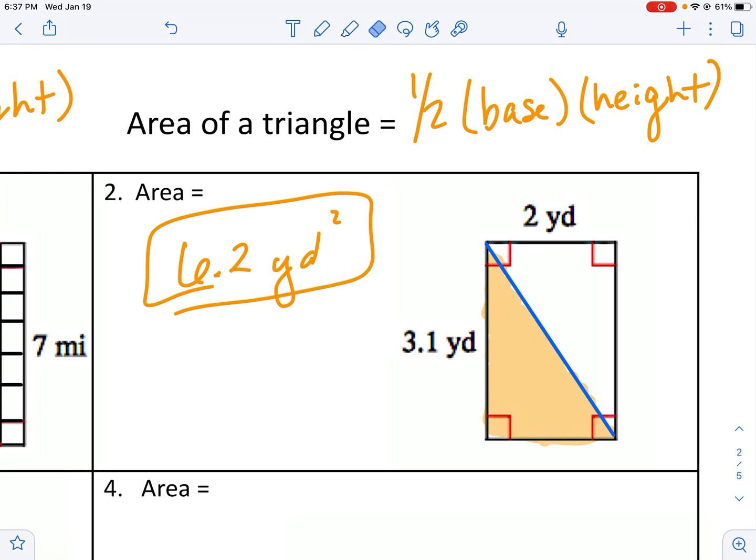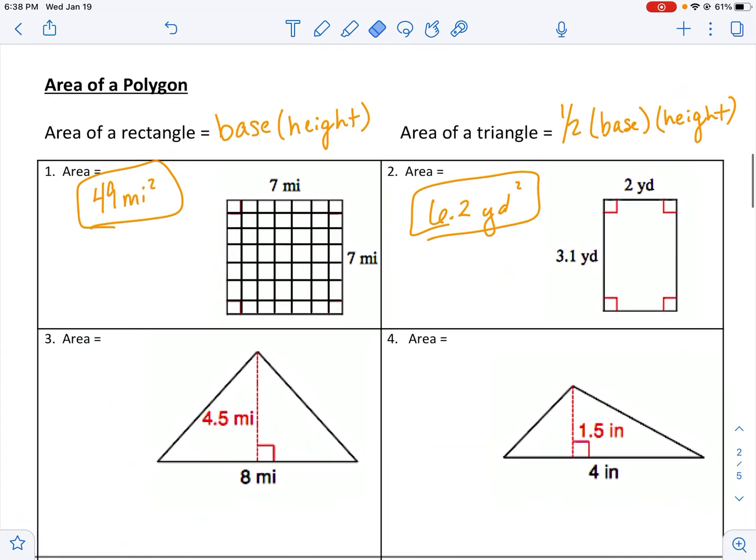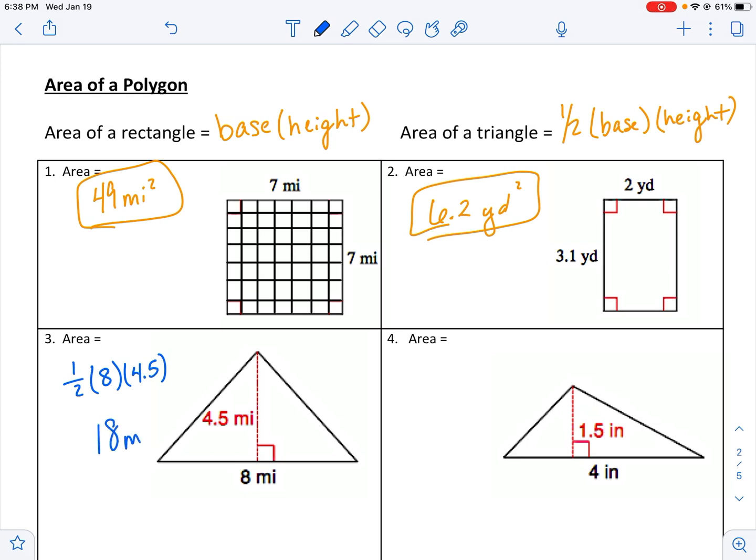Because every triangle is half a rectangle, that's why you have 1/2 base times height. So on this third one, 1/2, my base is 8, and my height is 4.5. My total area should be 18 square miles.